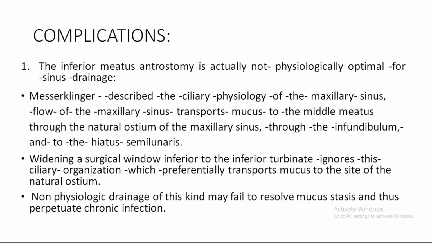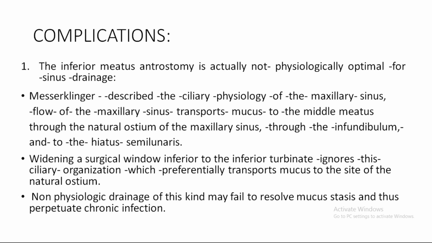Complications. Inferior meatal antrostomy is actually not physiologically optimal for sinus drainage. Messerklinger described the physiology of the maxillary sinus: mucus is transported to the middle meatus through the natural ostium of the maxillary sinus, through the infundibulum, and then to the hiatus semilunaris.